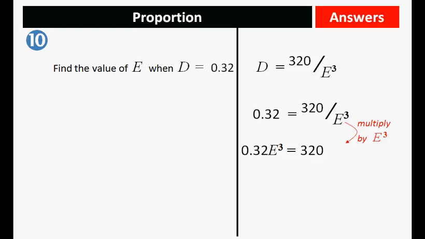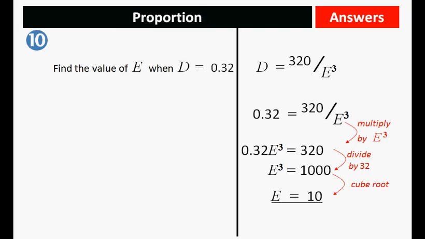We're going to divide by 0.32 to isolate the E part, and we get that E cubed is 1,000, so E is the cube root of 1,000, which is 10, because 10 times 10 times 10 makes 1,000.